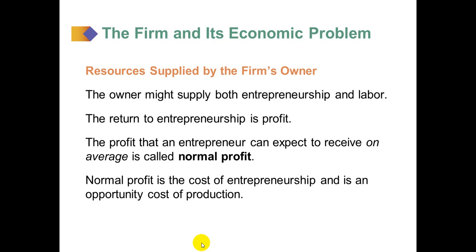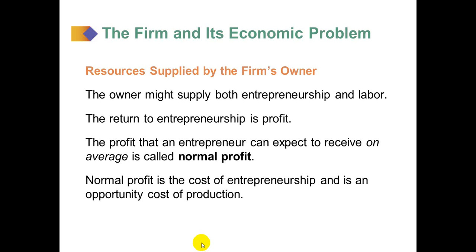Resources supplied by the firm's owner. Dear students, the owner might supply both entrepreneurship and labor. The return to entrepreneurship, as you know, is called profit. You know that we have four factors of production: land, labor, capital, organization. The return of land is called rent.